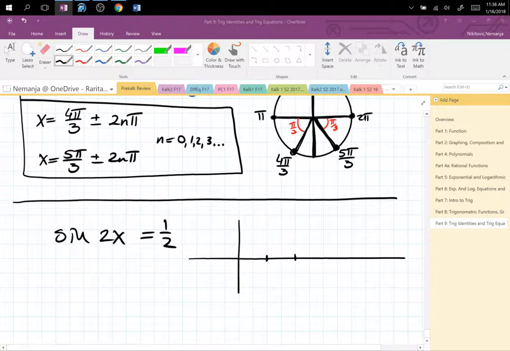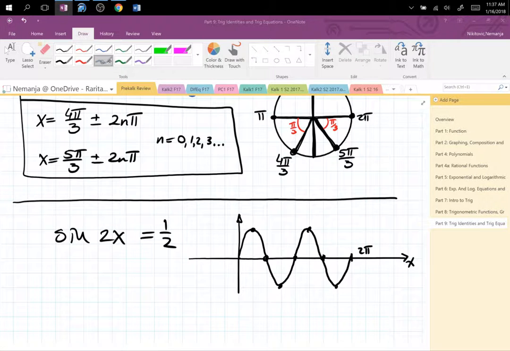So these are the standard tick marks, this one being 2 pi where it ends, and it used to go here, so now it's going to go here, and then here, and then here, and then here, and then here, here, here, and back. And as you can see, it's traveling twice as fast, intersected with the line 1/2.